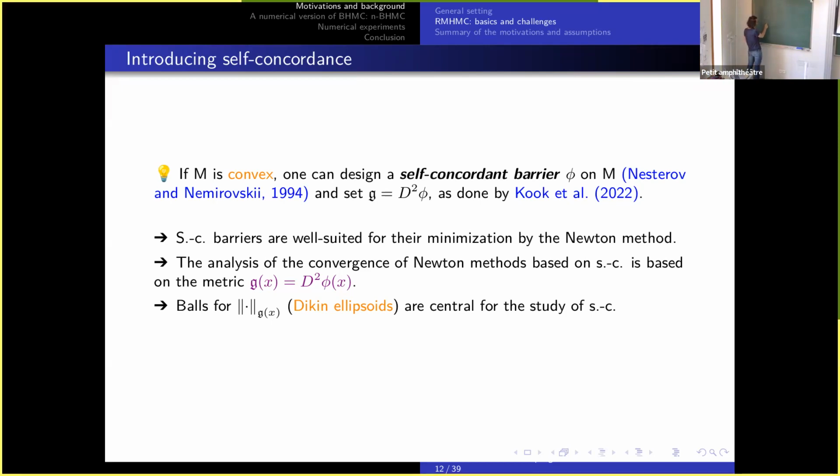For any y, you just have g of x, y, y. Using this family of norms, if you consider the ball associated with it, it is called the Dikin ellipsoid, and it plays a big role in some analysis in convex optimization.